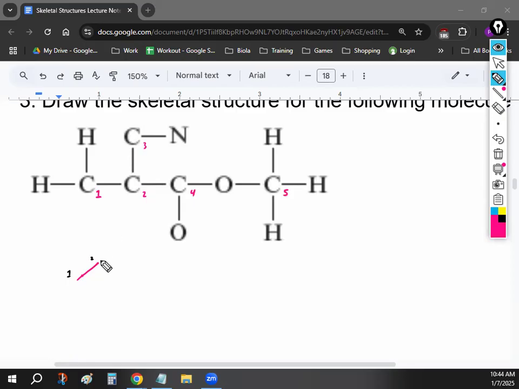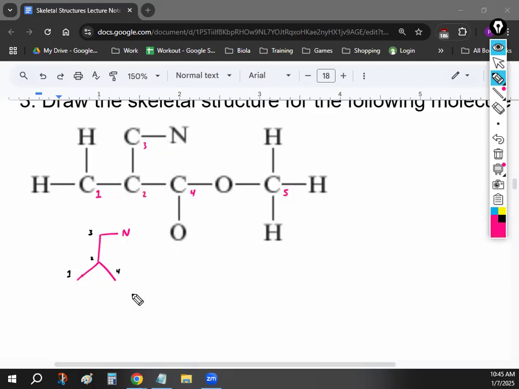Carbon 3 goes up. So we're going to go up. And then this will be carbon 3. And then it's connected to a nitrogen like this. So this is carbon 1, 2, 3, and nitrogen. Okay, there's another carbon 4 here. So I'm going to draw a line going out. So carbon 4.